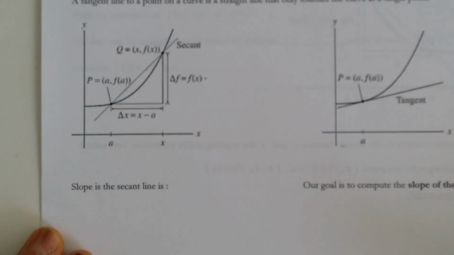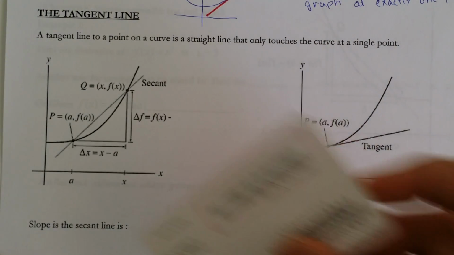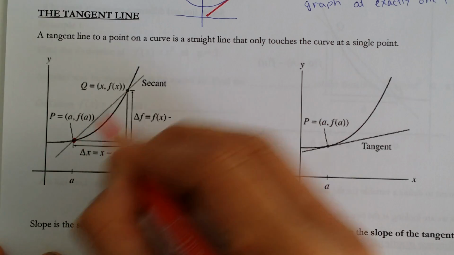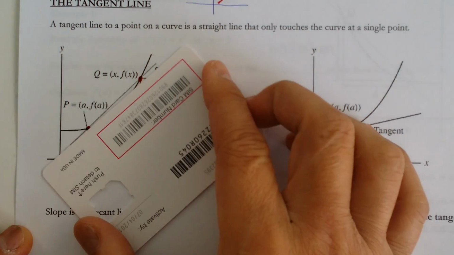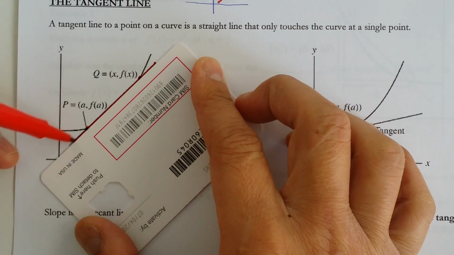Okay, so in order for us to get to the tangent line, we have to start off by choosing any 2 points on the curve, like that, and then we connect these 2 points with a line segment.